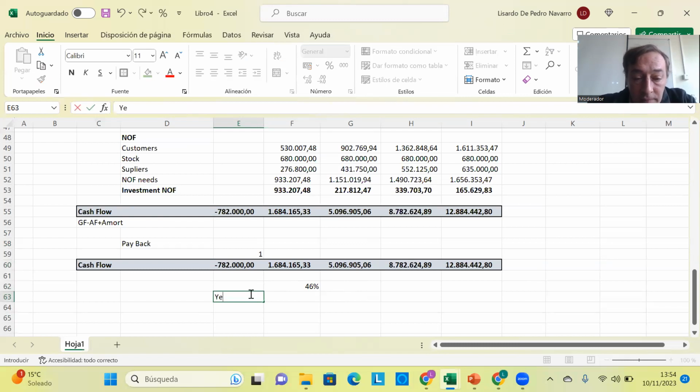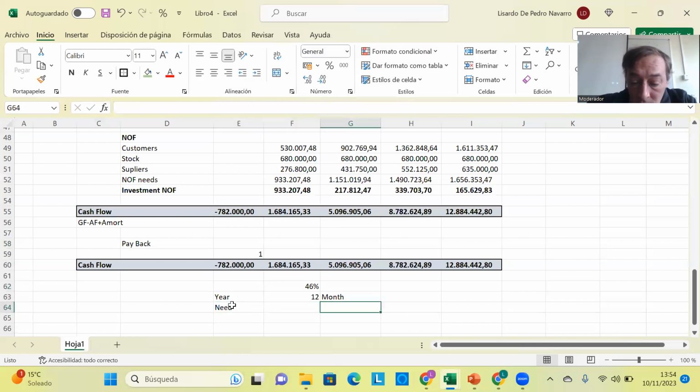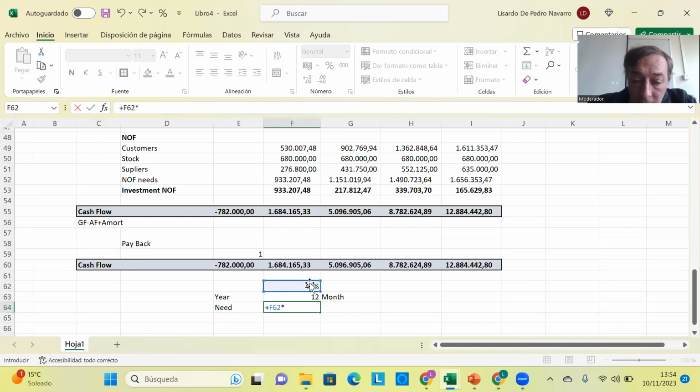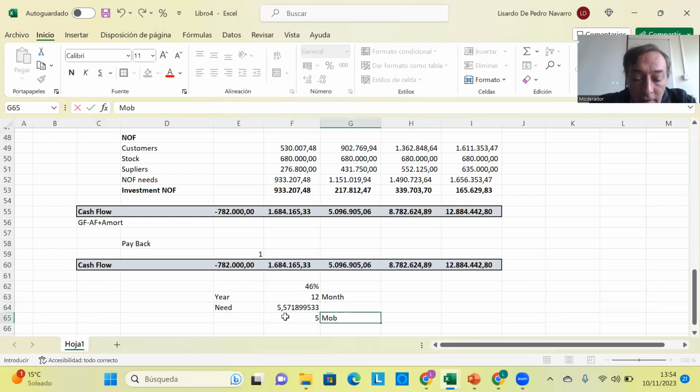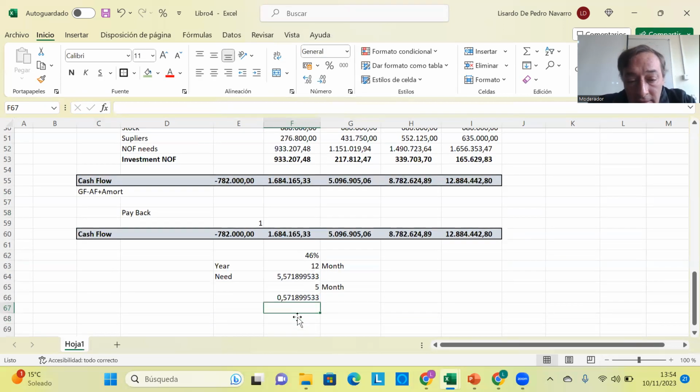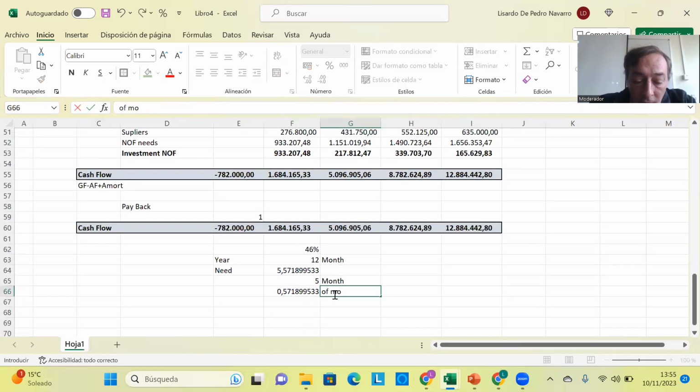As 1 year has 12 months, we need 0.46 by 12 months, 5 months and 0.56. So we need 5 months, and the rest is 5.57 less 5 of a month.